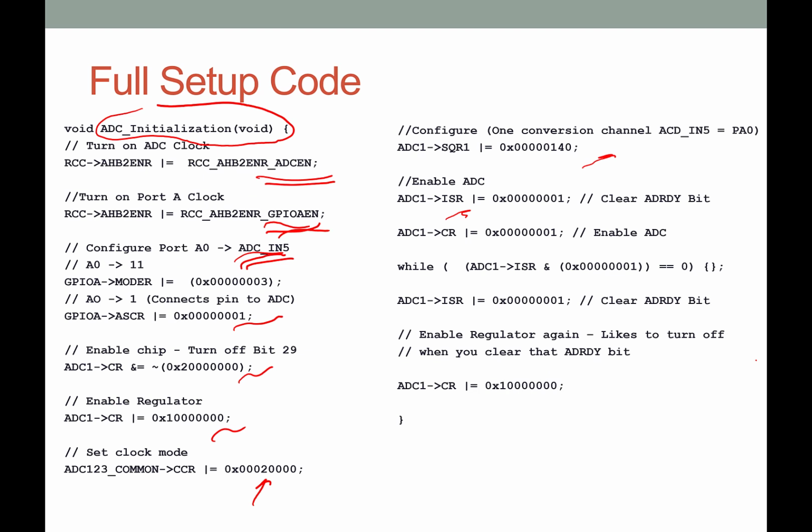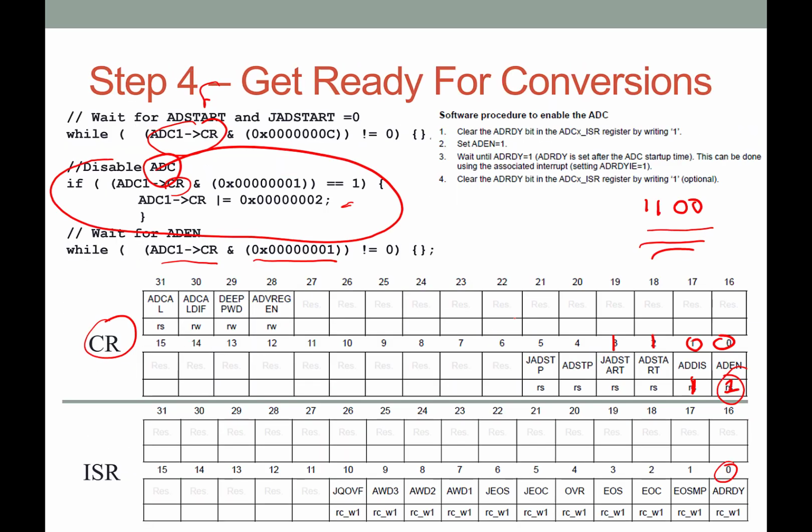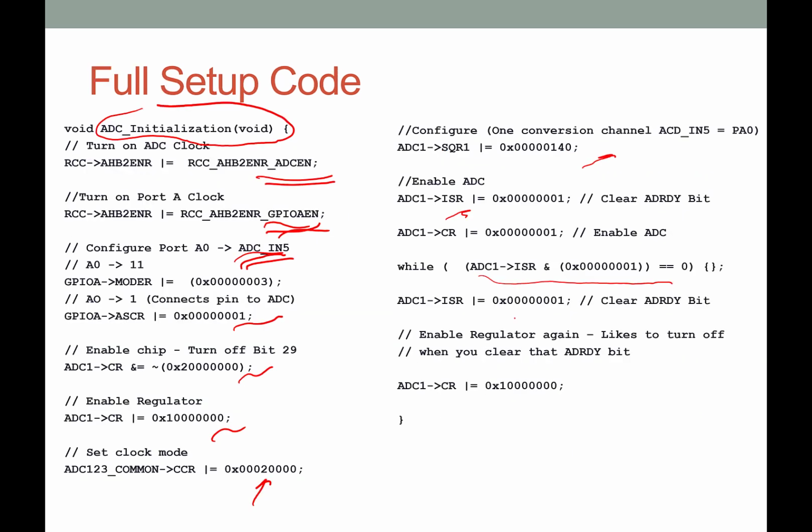And then here's this while loop that's looking at 1 and that. While that is equal to 0, it's going to sit there in that loop. So we're looking at that AD ready bit.